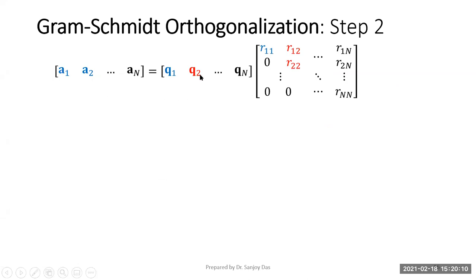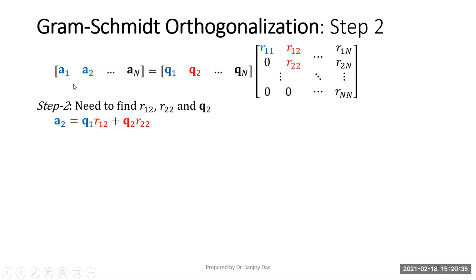A2 should be equal to Q1 times R12 plus Q2 times R22 plus the rest are all zeros. Q3 times 0 plus Q4 times 0, so we'll ignore the rest. So we need to find these R12, R22, and Q2. Let's do the multiplication.